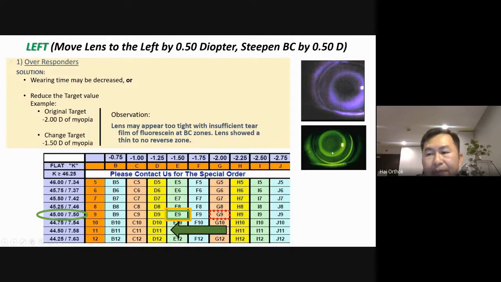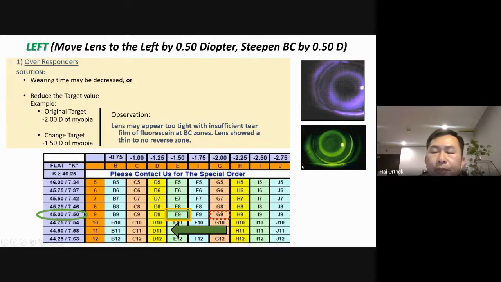I will reduce the lens by half a diopter to -1.5 diopter in order to provide treatment for -2 diopter. When it's over responding, you only need to move the lens to the left by half a diopter.